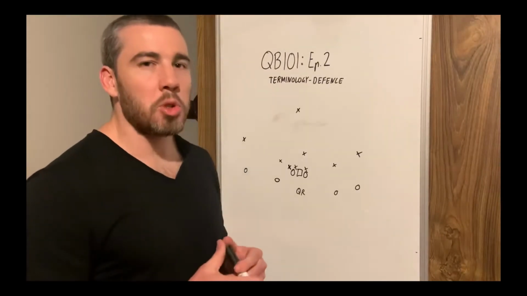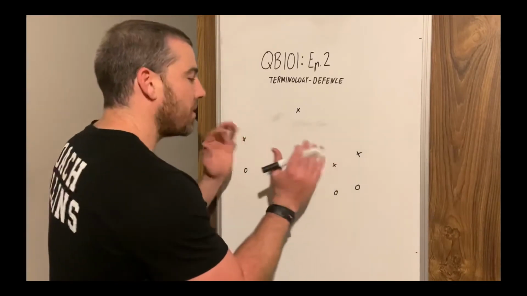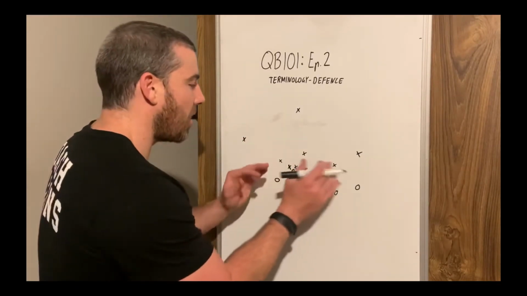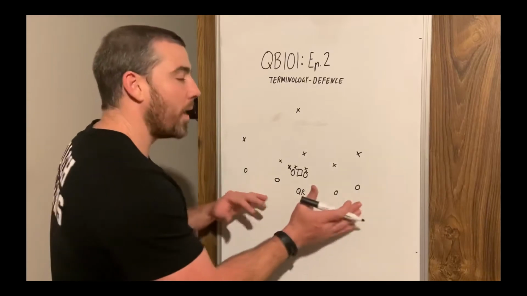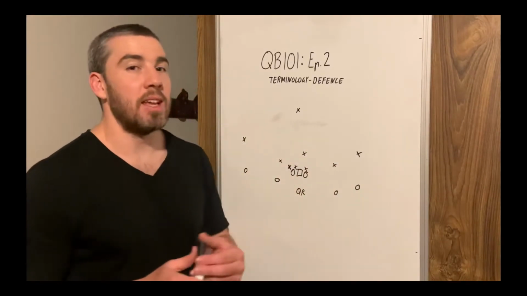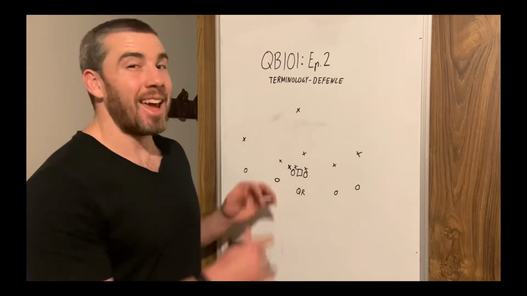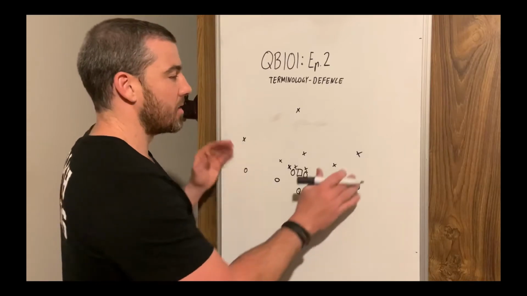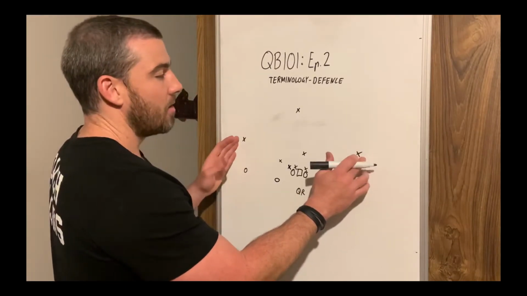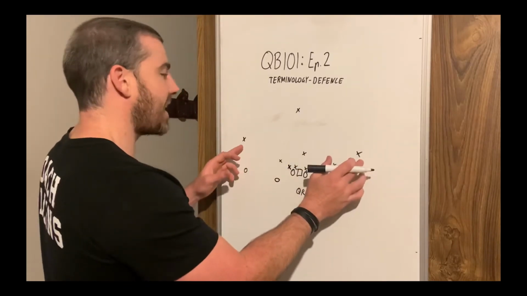The next thing we want to talk about is their roles and responsibilities, as well as their alignment. So where they're lining up. Obviously, how we line up on offense may dictate and change how they line up on defense. And if it doesn't, that's another video where we're going to talk about taking advantage of the defense. But let's start talking about the corners, because this is probably the biggest one when we're passing, is how they're lining up.